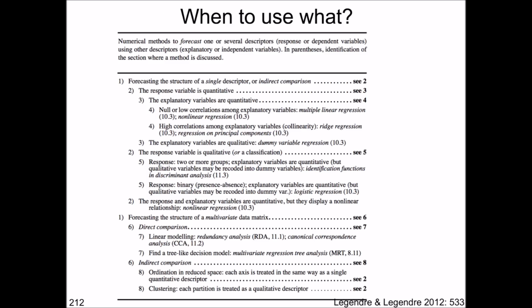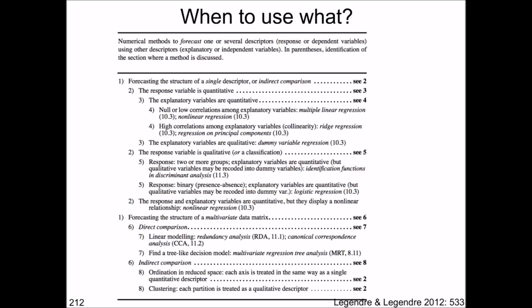Now that we have discussed these ordination techniques, you may be a little bit confused what to use for which data set and question, and I provide you here an overview that's taken from the book of Legendre and Legendre 2012.